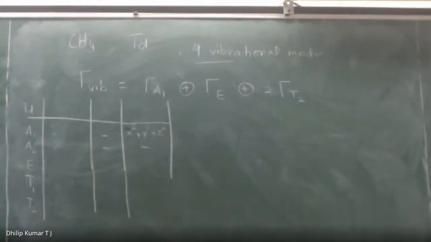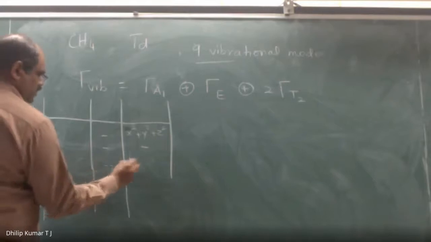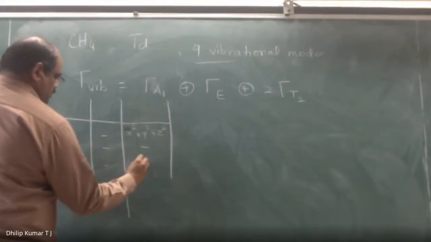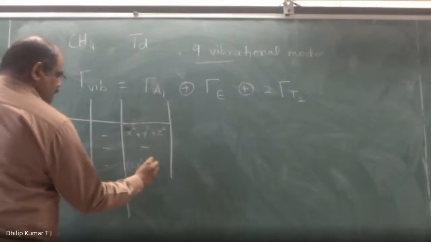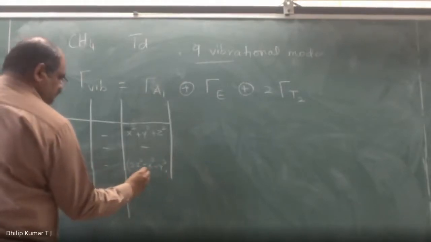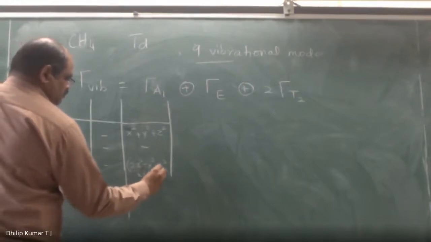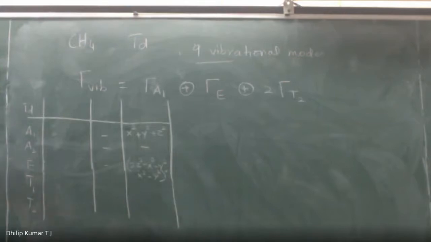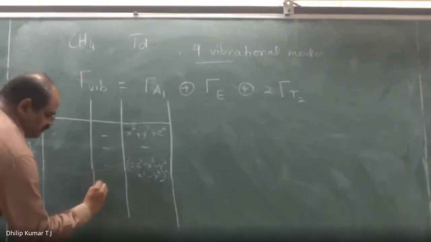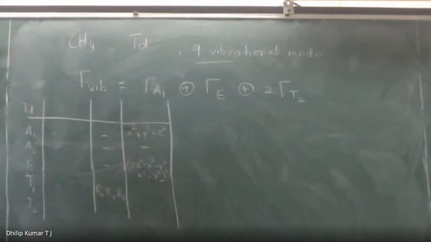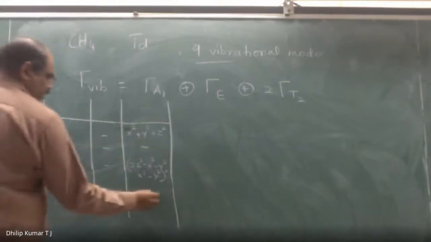E has its own entry here. T1 is rotational, whereas this one will be blank.